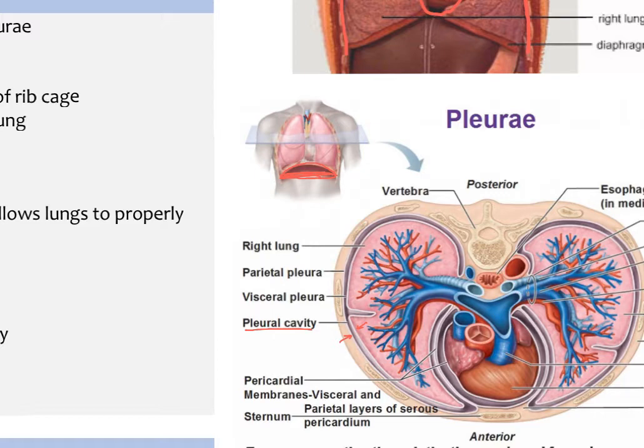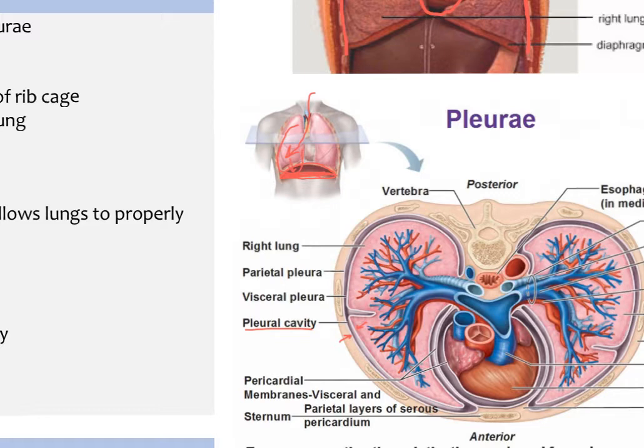Although it's not directly attached to the visceral pleura, this little pleural cavity actually has a negative vacuum space. It has a little bit of a space that has less than atmospheric pressure in it. As a result, pulling down the parietal pleura is going to pull down the visceral pleura, and that's going to pull the lung down. That's going to open up the lung space, and that's going to draw air into the alveoli, the air sacs. So really the airflow itself is kind of a passive process.